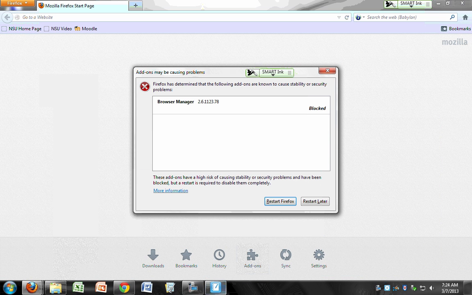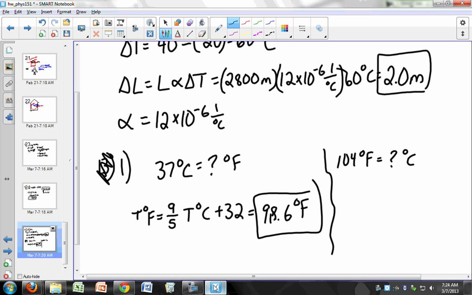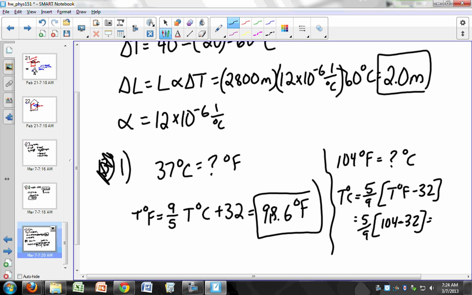Go back to my equation sheet. 5/9 T Fahrenheit minus 32. (104 minus 32) is 72 times 5 divided by 9.